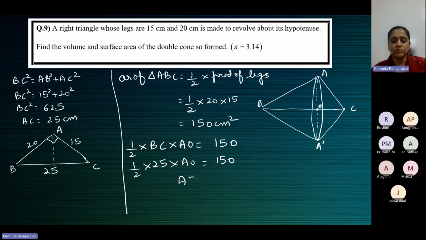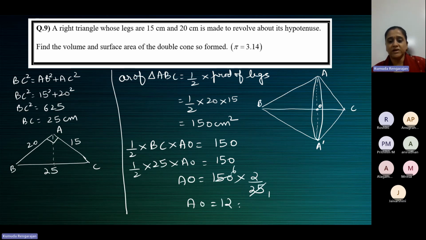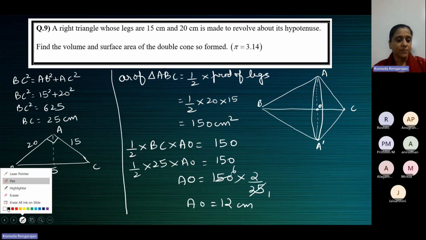So AO is equal to 150 into 2 by 25, so AO is 12 centimeters. This is enough. The radius is enough. You don't have to find anything else. Once I work it out, you'll understand it better.